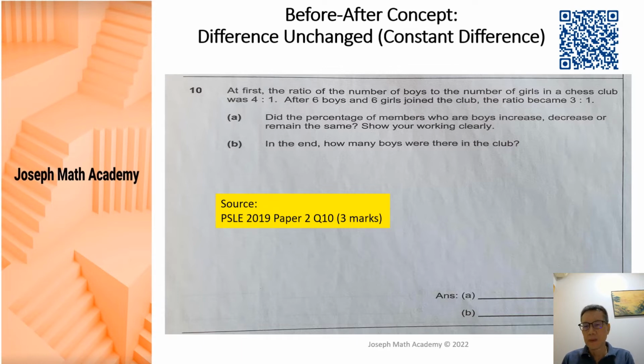Then for part B, we are supposed to find the number of boys in the club in the end. So let's go through the question from the very start, and using annotation, we will find out why it is a constant difference or difference unchanged concept.